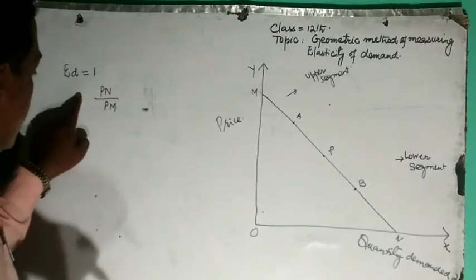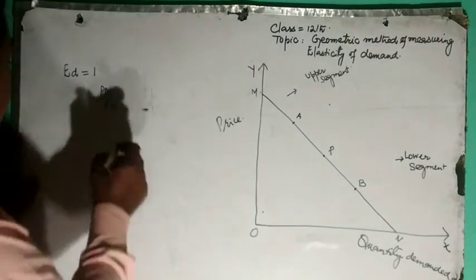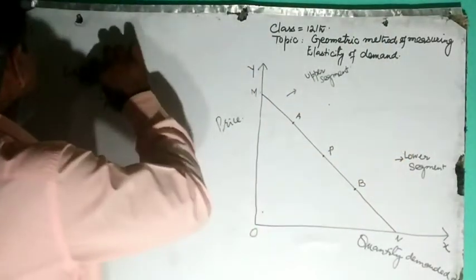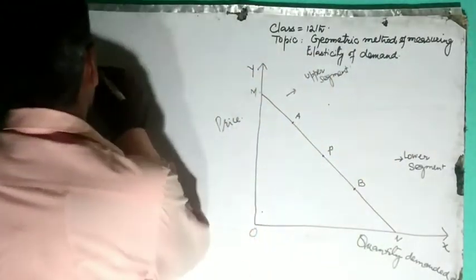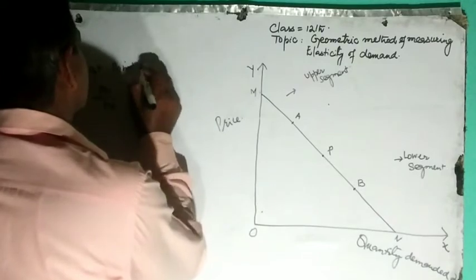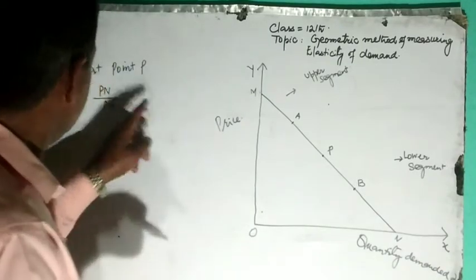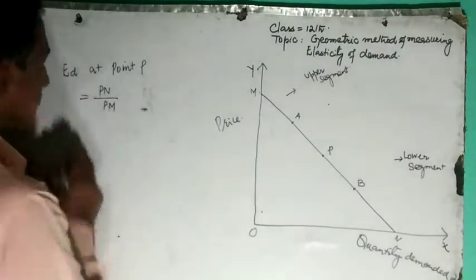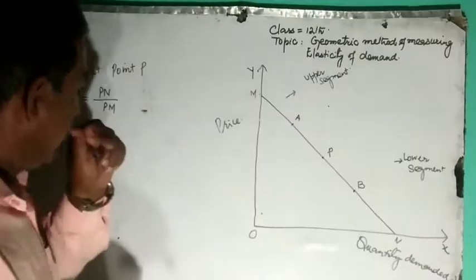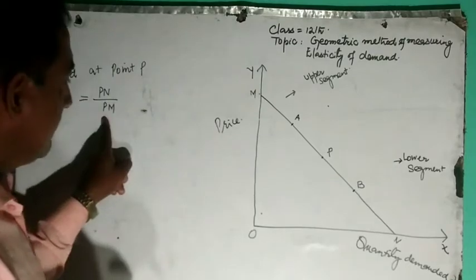Elasticity of demand at point P is equal to the lower segment of the demand curve divided by the upper segment of the demand curve.